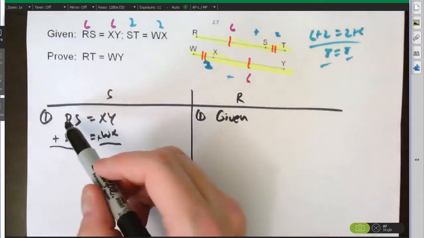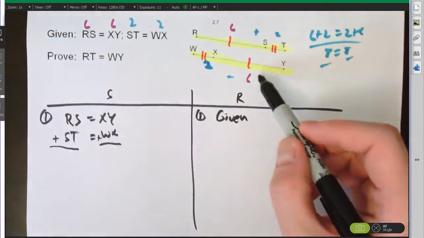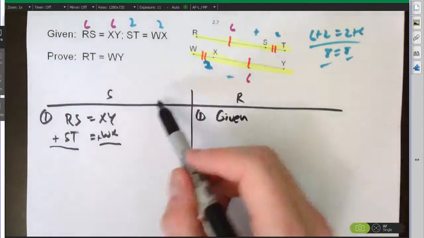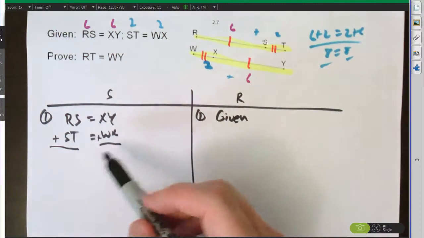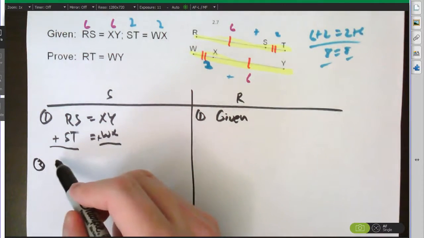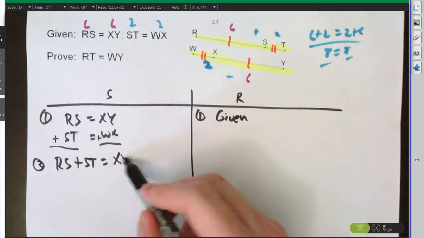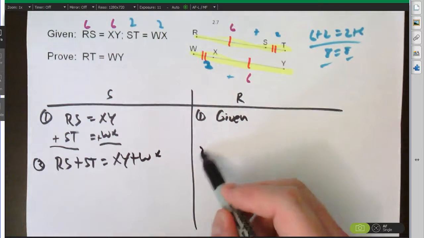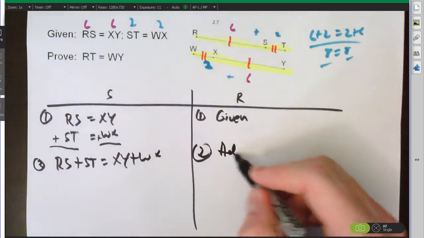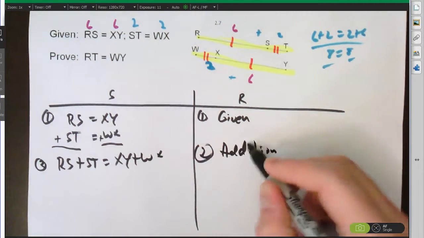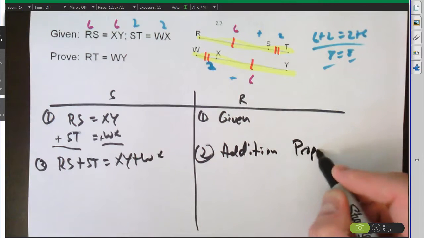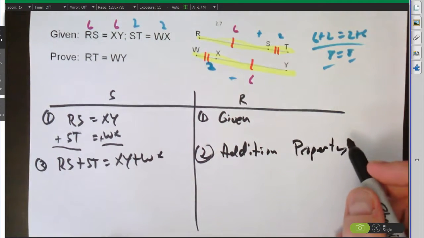Now I can do that because RS and XY are equal and ST and WX are equal. So I'm adding the same thing to both sides. So step 2 is saying that the length of RS plus ST has to equal the length of XY plus WX. And that's just the addition property. Not segment addition postulate, just addition property. I just added something to both sides.